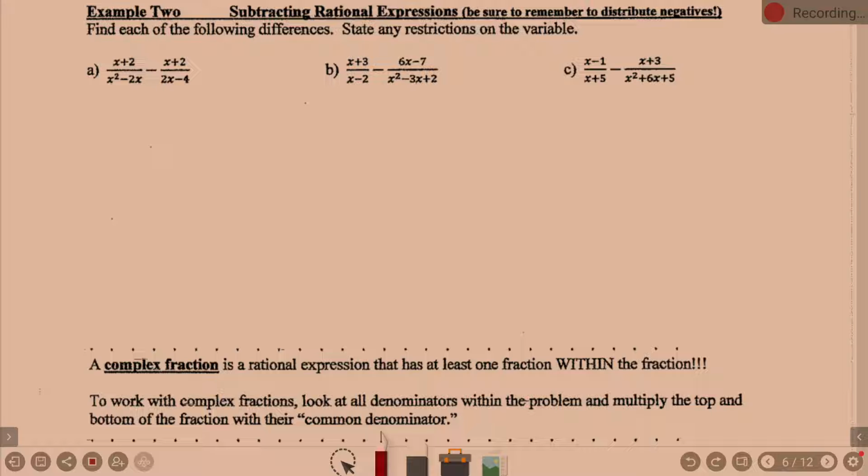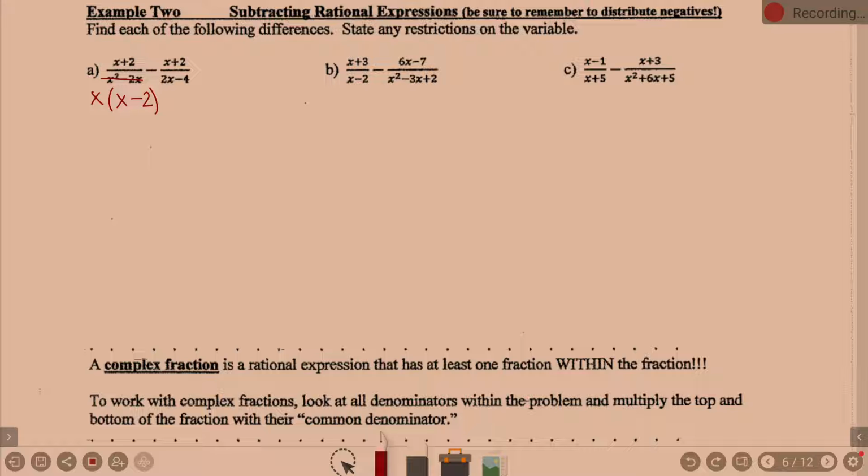So think GCF: x squared and 2x both divide by x. X squared divided by the x I'm factoring out leaves me with x, minus, carry the minus sign down, 2x divided by the x I factored out leaves me with 2. So that first denominator factors into x minus 2.